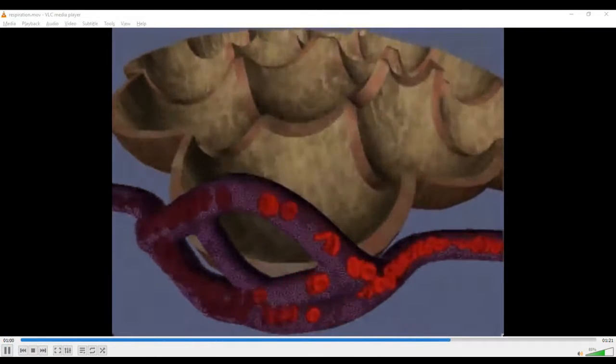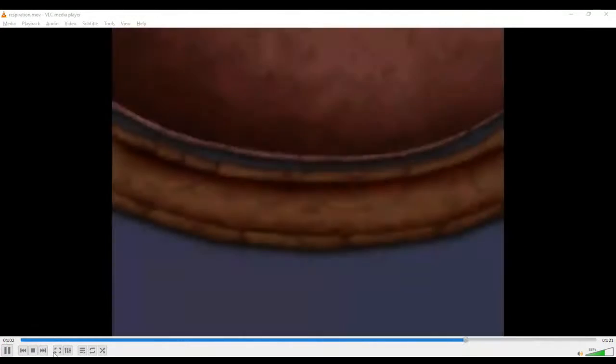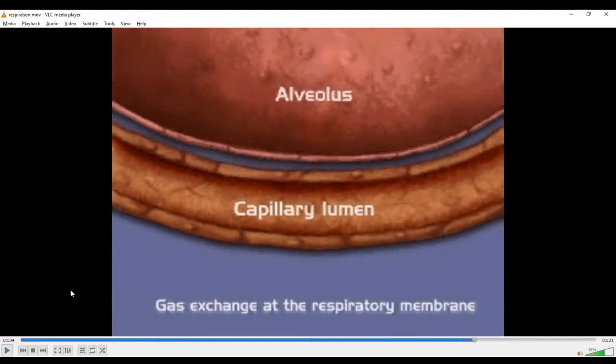And now you're getting ready to see a cutaway animation, so I'll just pause it for a second. So here's the alveolus. That's the air sac. And then here's that capillary that is located right on the outer surface of that alveolus.